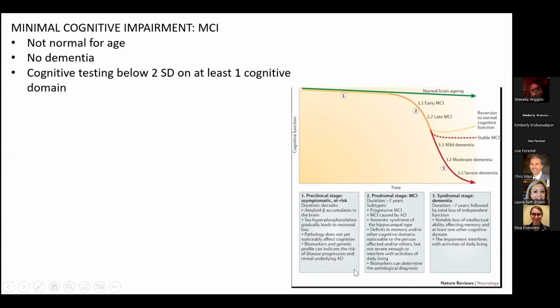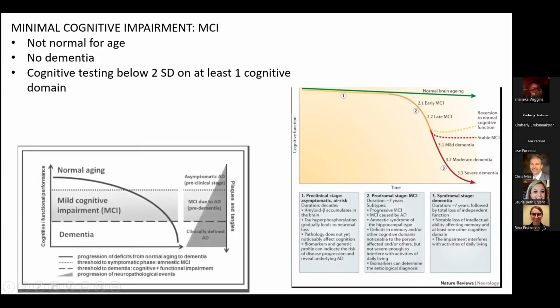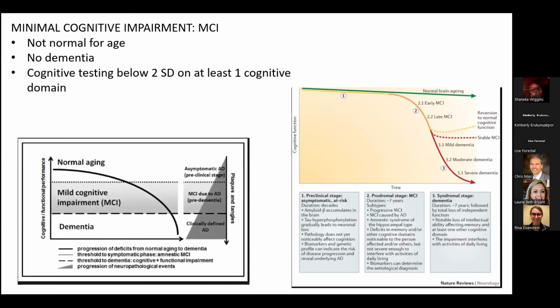Okay? And this is basically the curve. We want to see if the patient has normal aging versus MCI versus dementia. And just a reminder that the limit and the threshold here between what is MCI and what is dementia is the functional assessment. And we said at the beginning that this patient's functional assessment was really normal.